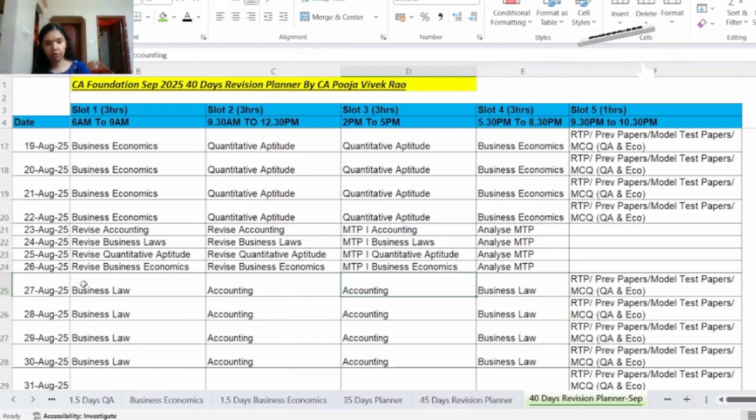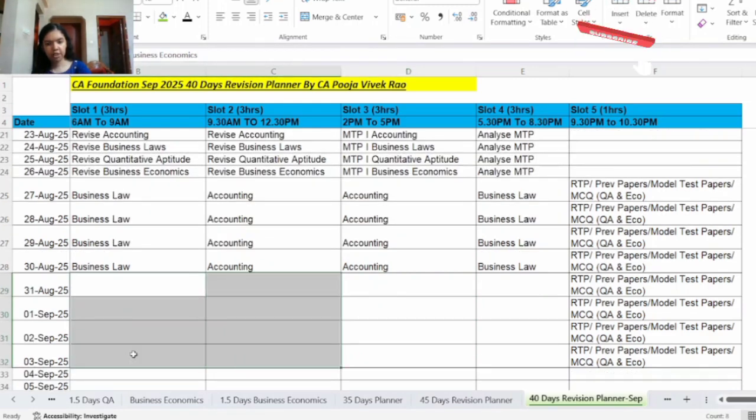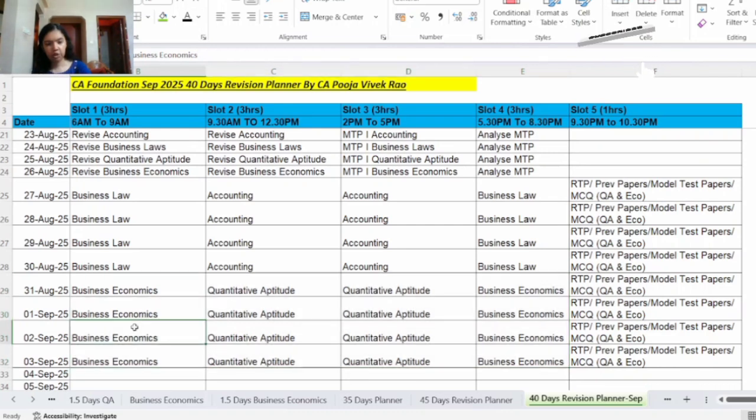In slot 1 and 4 you will revise business law, and in slot 2 and 3 you will revise accounting. Then from 31st August to 3rd September, you will revise business economics and quantitative aptitude. In slot 1 and 4 you will revise business economics, and in slot 2 and 3 you will revise quantitative aptitude.